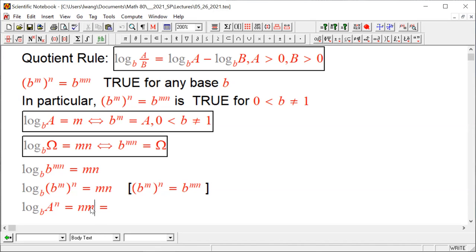And what is m? I'm replacing this m by its equal right here. Do you guys follow me?